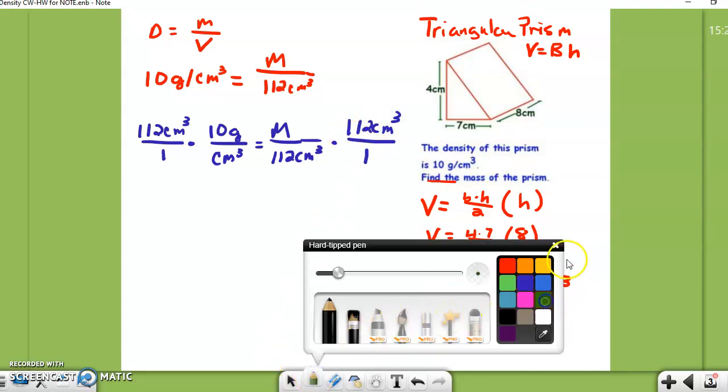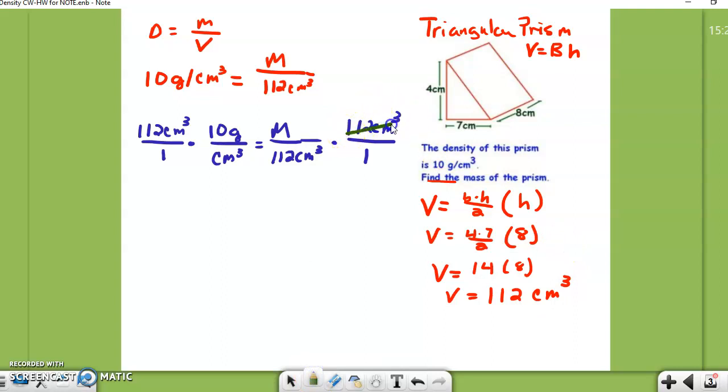Look for what cancels. And this will end up just being mass over 1, which is just 1. And here I have 112 times 10. And that's my grams equals my mass. Beautiful. All right. Moving on to another type of problem.